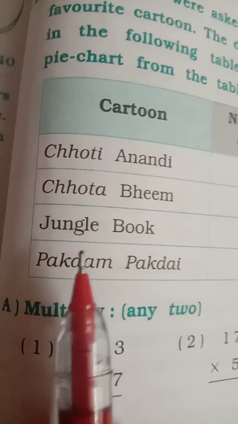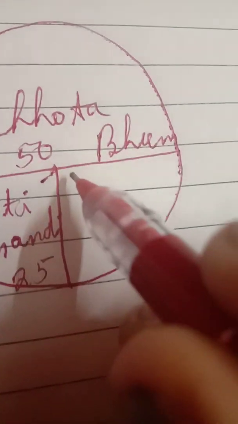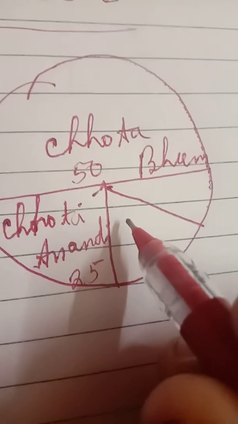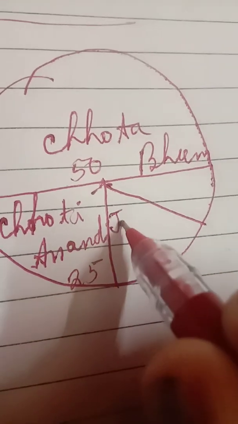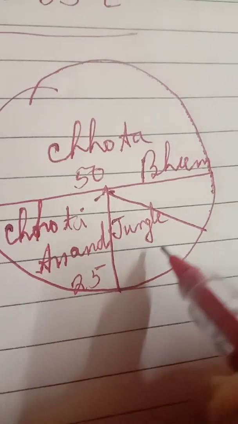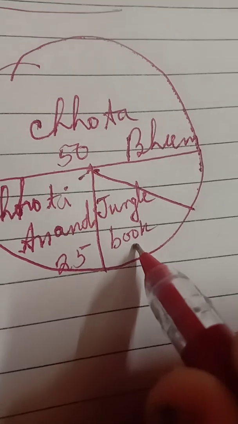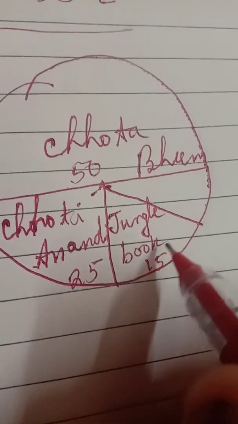After that, bigger number Jungle Book and 10. So here it is divided into one small part and one big part. Small part Jungle Book. Jungle Book 15.